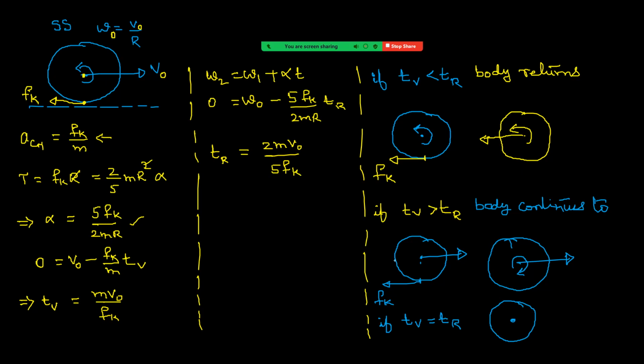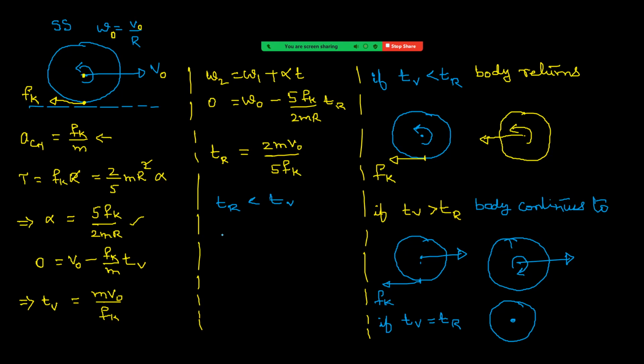Okay. Now coming to our problem: at what time velocity becomes zero, m v naught by f k. At what time rotation becomes zero, 2 m v naught by 5 f k. So from this we can say t r is less than t v.